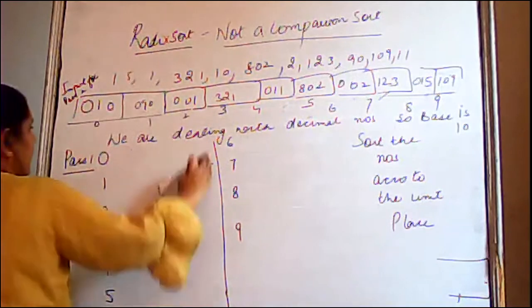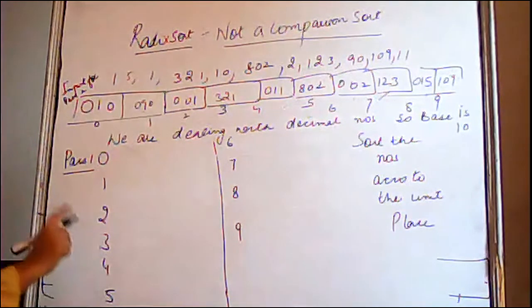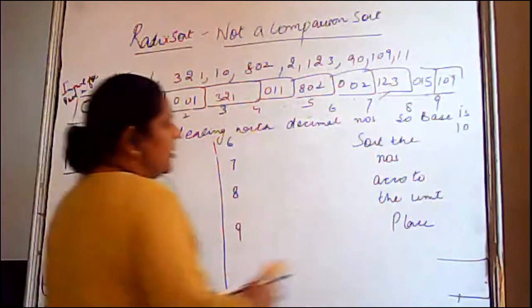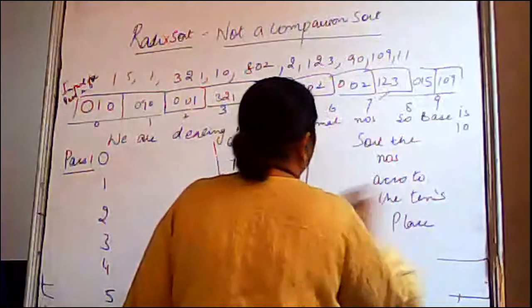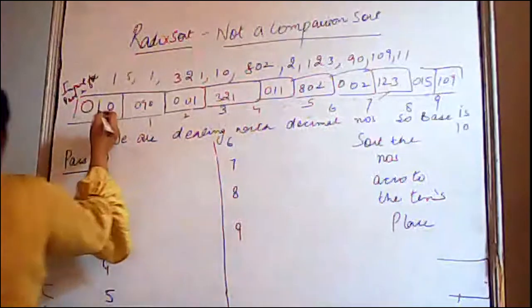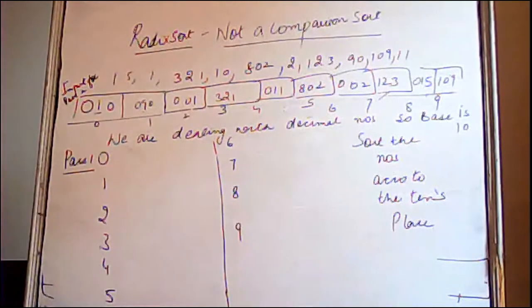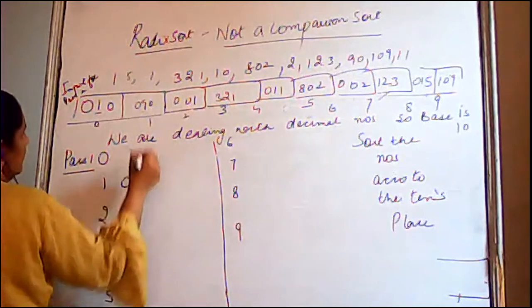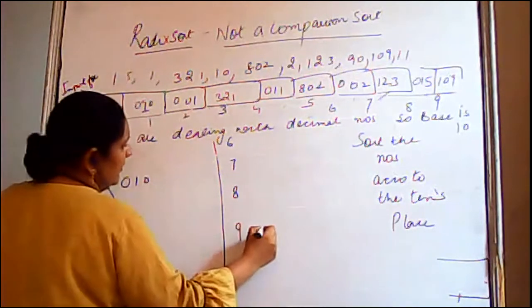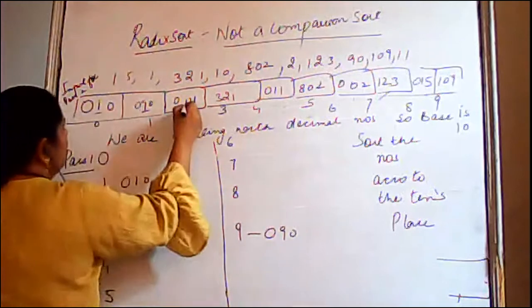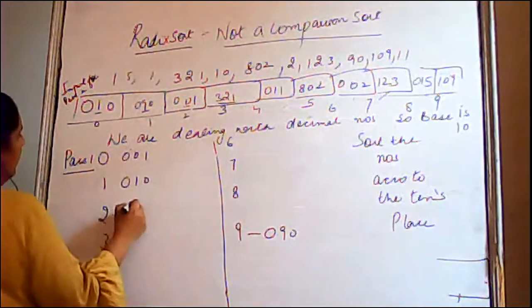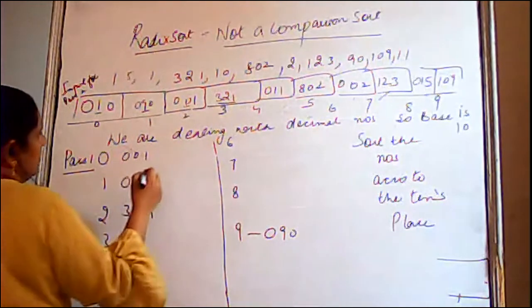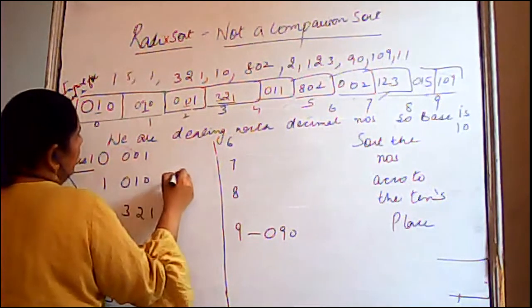Now take the numbers at the middle place. Sort the numbers according to the tens place or middle place. The first number is 010, so 1 in the middle, it will go to the bucket for 1. 090 will come here. Then you have 001. 321, 2 in the middle. 011 will be here.